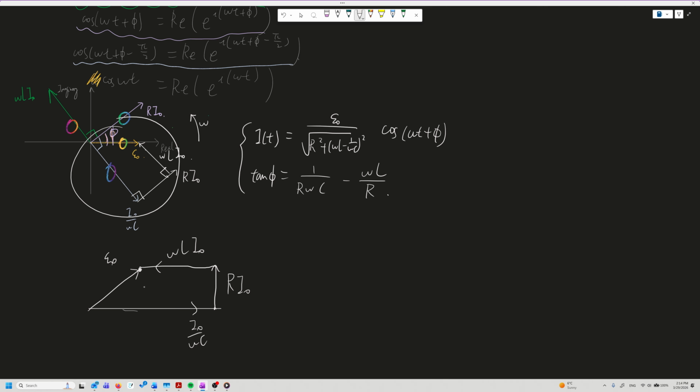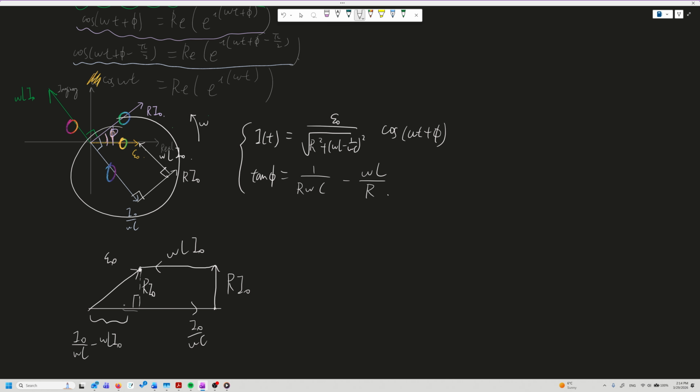We're thinking maybe let's try to use the Pythagorean theorem since we have a right triangle here. And we know that this side length is i0 over omega C minus omega L i0. And we know that this is R i0. And so what can we do?